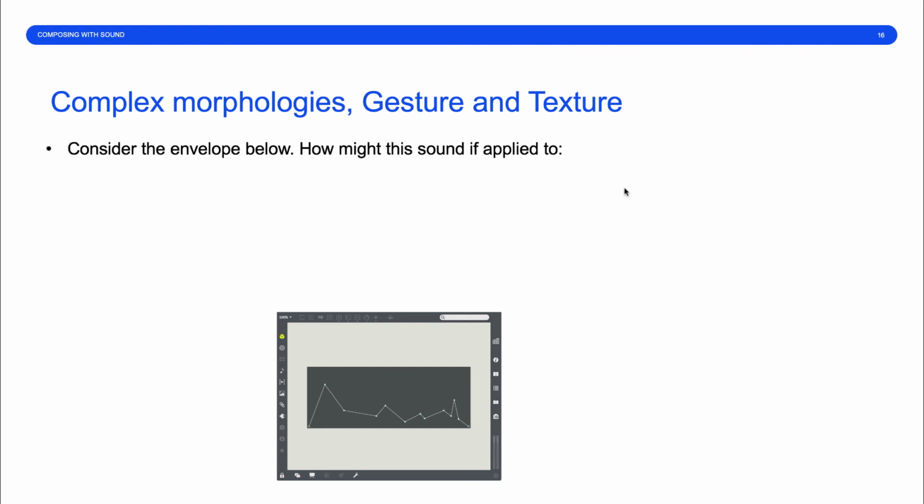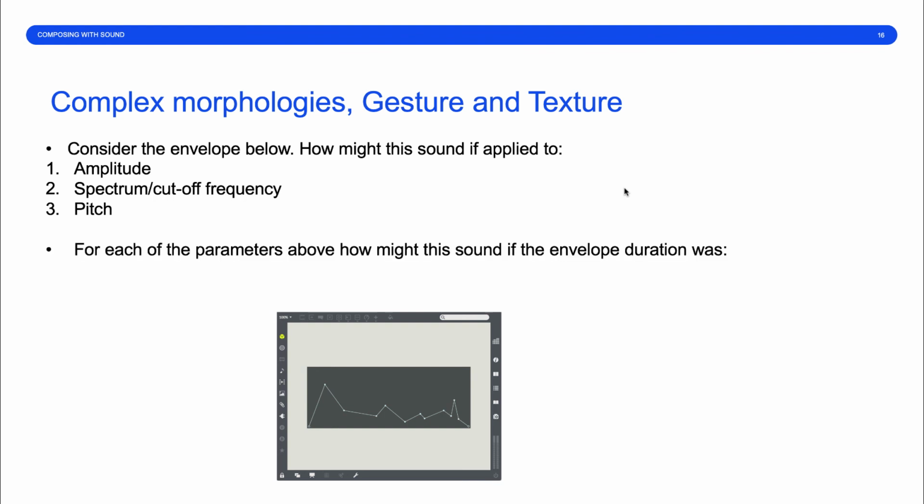So I'm going to leave you with a bit of a mental exercise. Consider the envelope below. How might this sound if this envelope was applied to amplitude, to the spectrum or the cutoff frequency of a low-pass filter, to pitch?